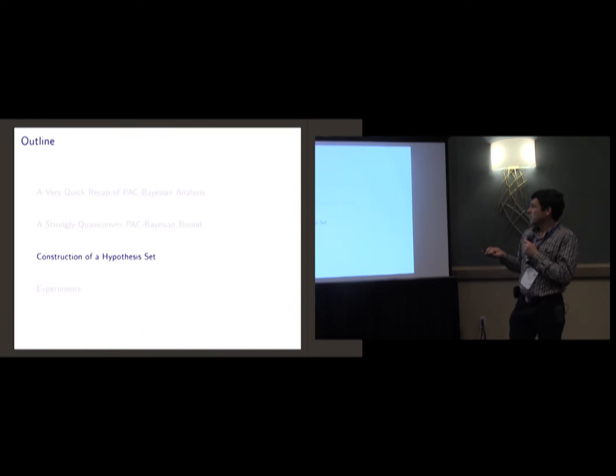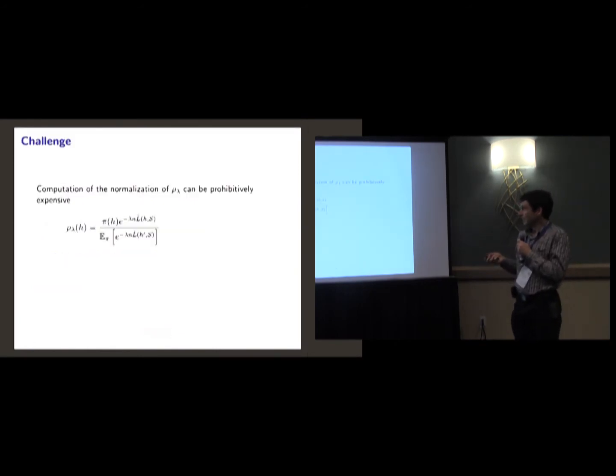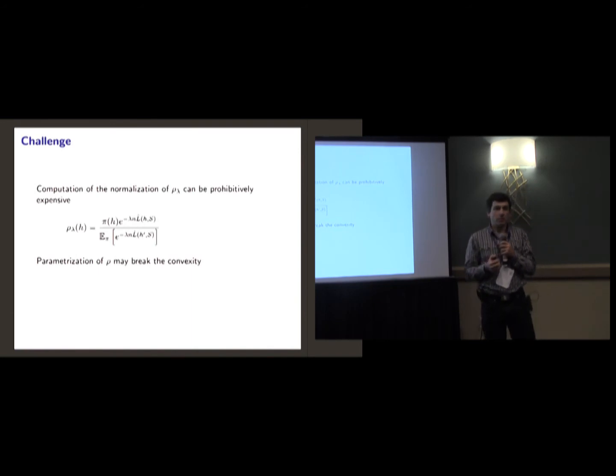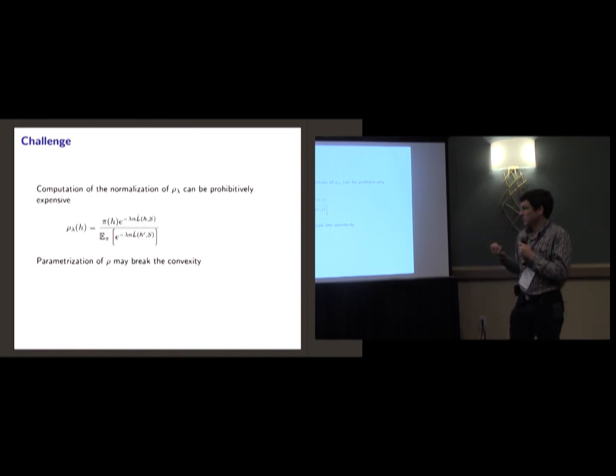So now the construction of the hypothesis set that we're working with. The challenge is that the computation of the normalization factor in this posterior distribution can be computationally expensive. And if we do parameterization of the posterior distribution, that may break the convexity of the bound in the posterior distribution.